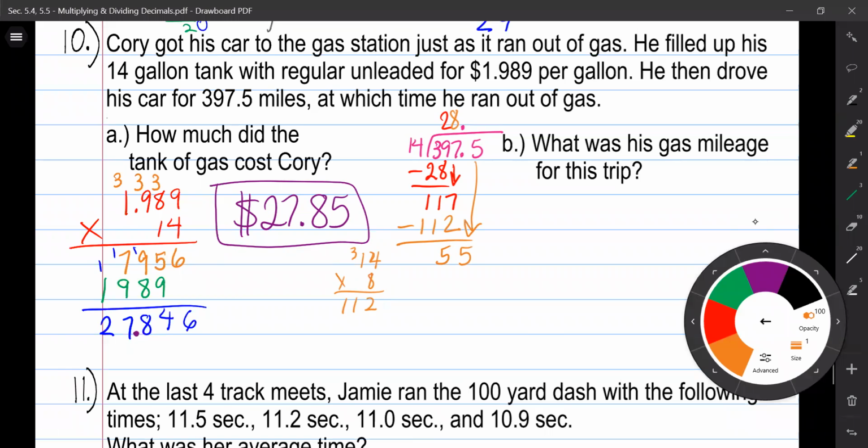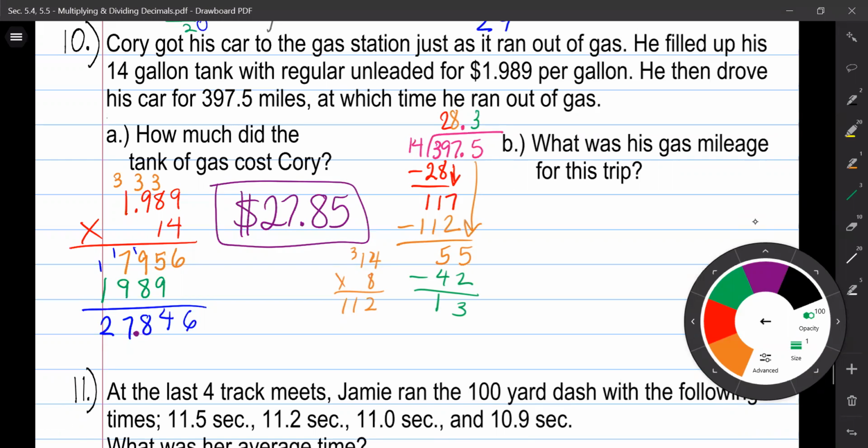14 would go into 55 3 times, I think. 3 times 14 would be 42. Then subtract, which gives you 13. All right, so let's see.